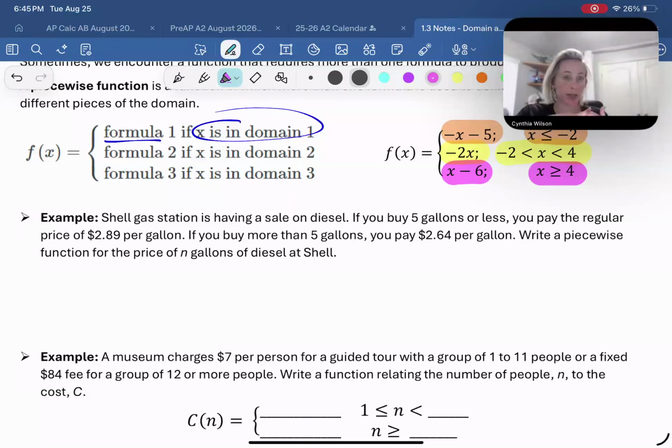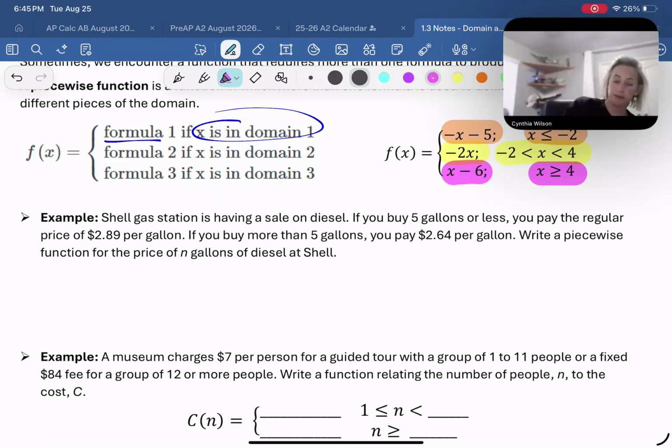It says Shell gas station, which should be capitalized, so that's bothering me, is having a sale on diesel. If you buy 5 gallons or less, you pay $2.89. Where is that gas located? Like, come on. You pay $2.89. If we buy more than 5, $2.64.